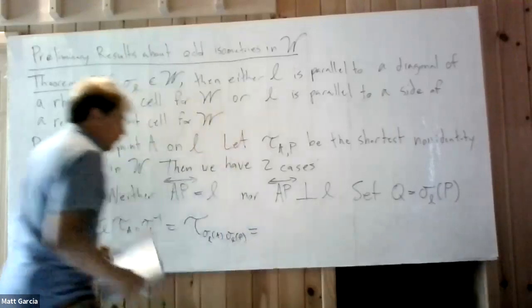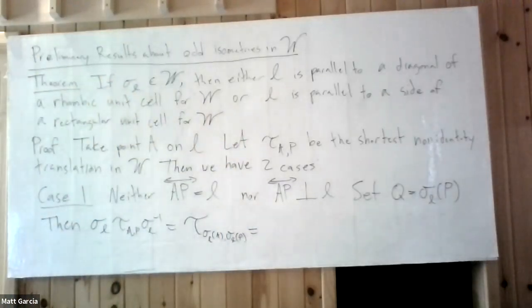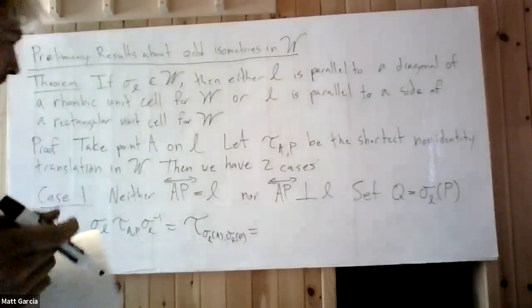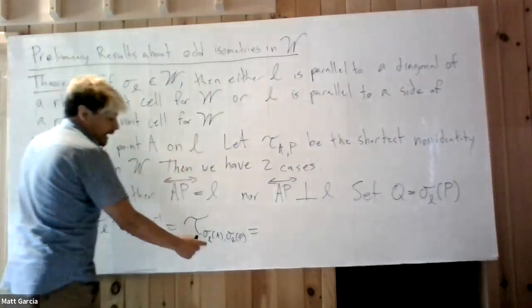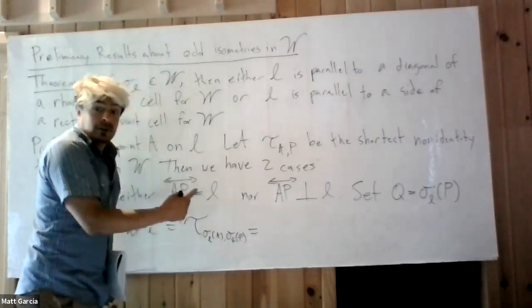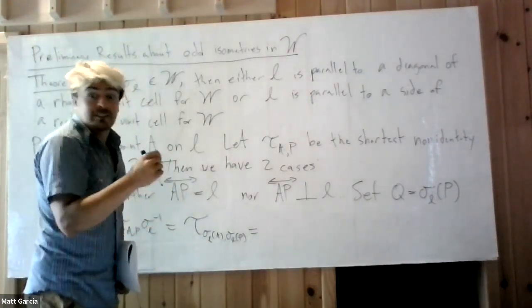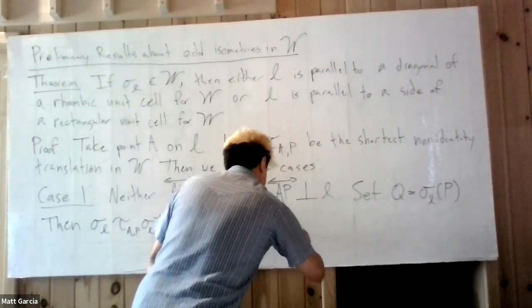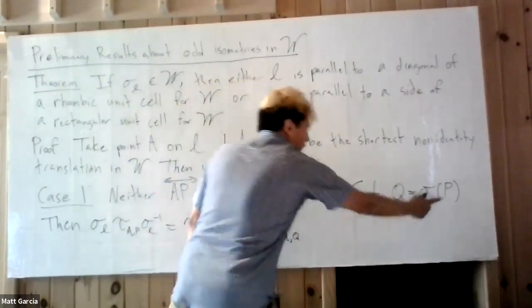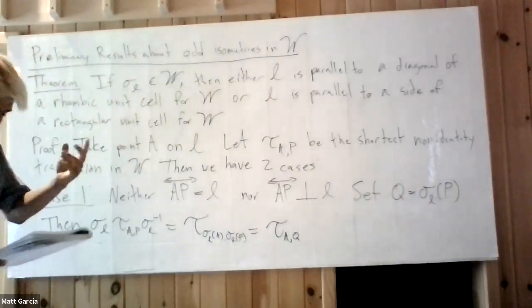What is sigma L of A? Yeah, it's A because remember, we chose A to be on L. And reflection in L fixes the points on L exactly. It fixes L pointwise. Okay, so we get tau sub A comma Q, just from me insisting that Q is the name of sigma sub L of P.